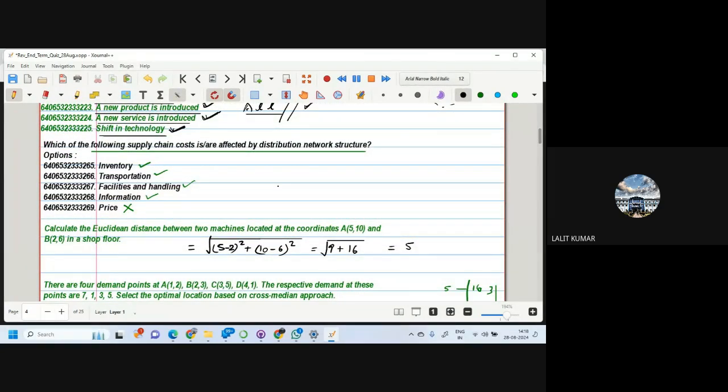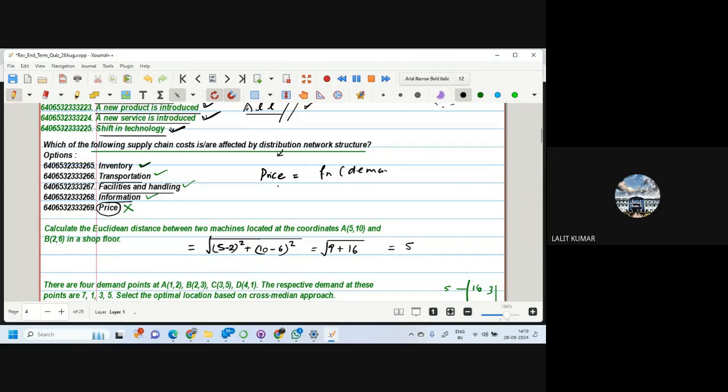Which of the following supply chain costs is or are affected by the distribution network structure? So inventory, yes, it is affected by the distribution network structure. Transportation, yes. Facilities and handling, yes. Information, yes. But the price does not get affected by the distribution network structure, because price is always a function of demand.